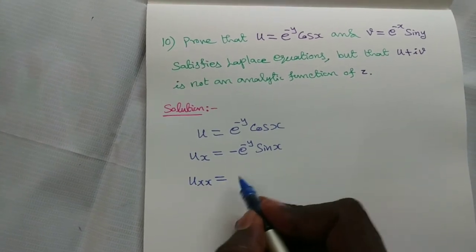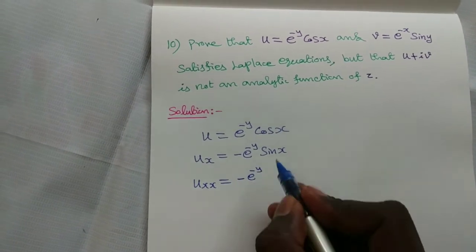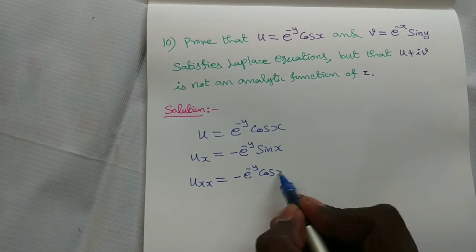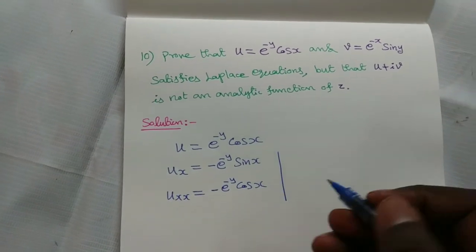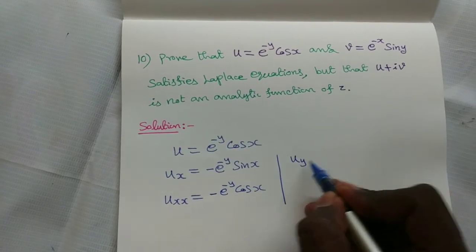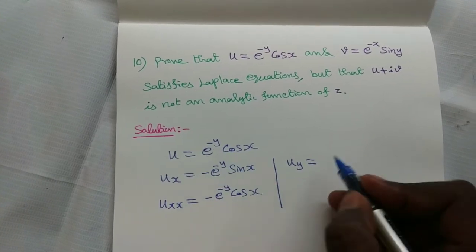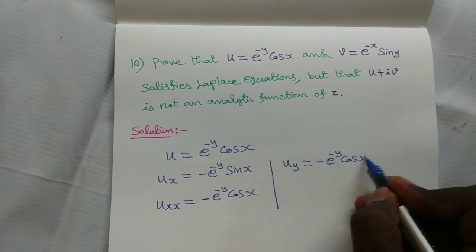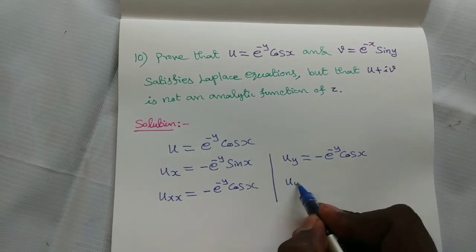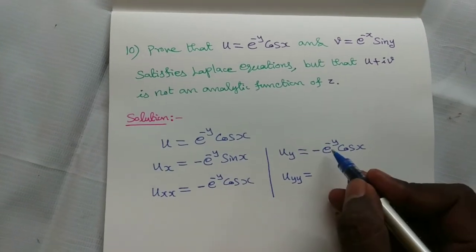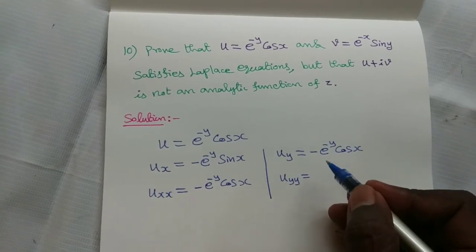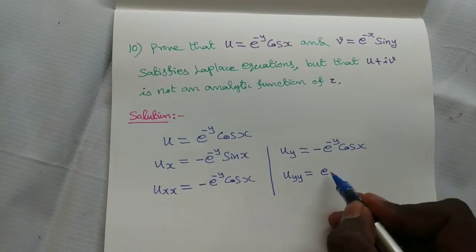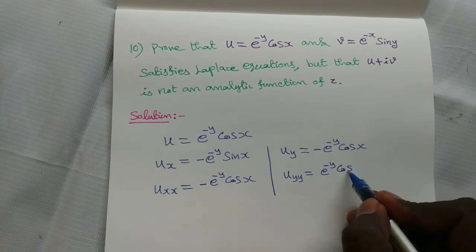So once again with respect to x: minus e power minus y into the derivative of sin x, which is cos x. Now next I am going to differentiate with respect to y. So the derivative of e power minus y is minus e power minus y, into cos x. And once again with respect to y, uyy: the derivative again gives minus e power minus y, so minus minus gives plus e power minus y into cos x.